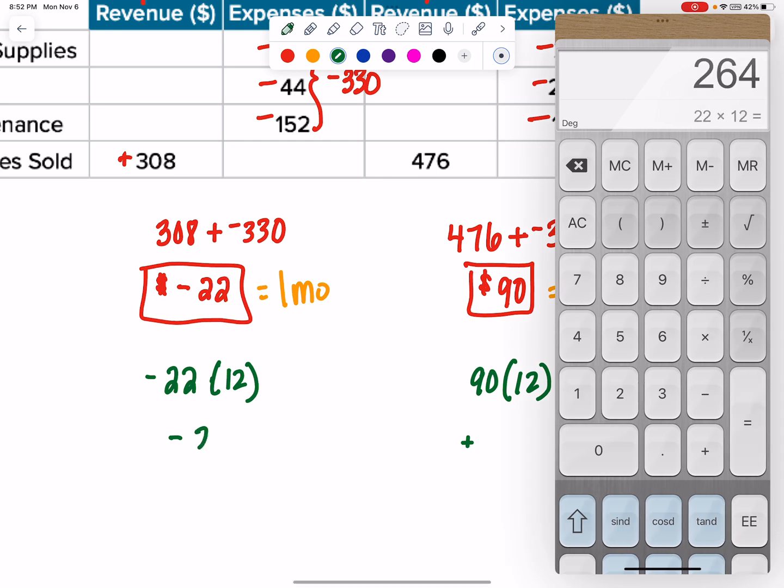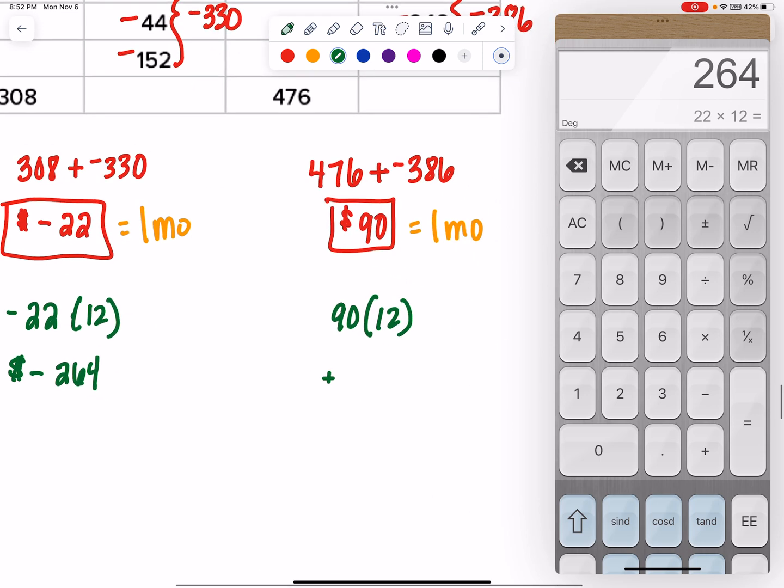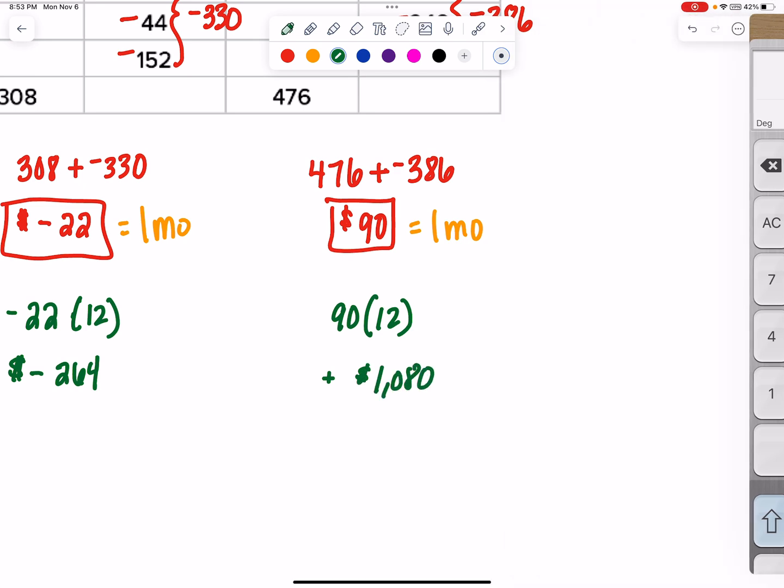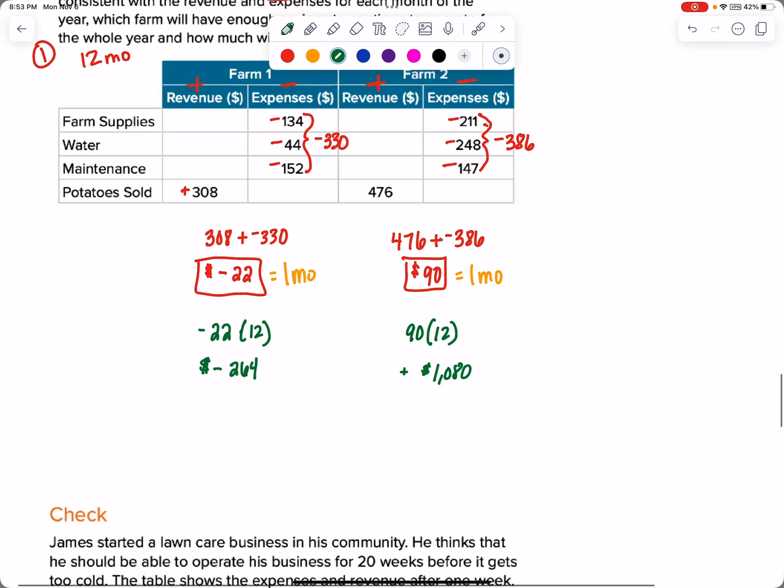So we're at a negative $264. Okay, that's sad. Okay, and then we have 90 times 12 is $1,080. Okay, so here's our 2 amounts now. Okay, and this is for 12 months or 1 year.